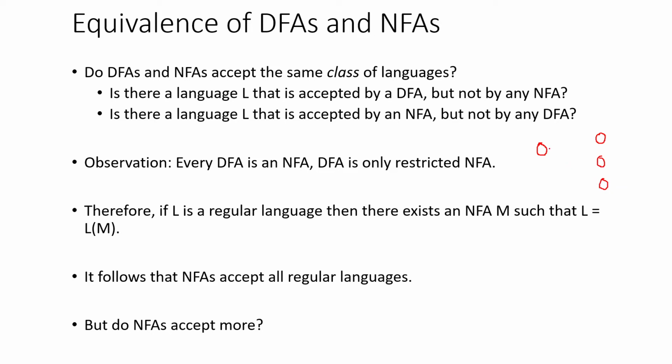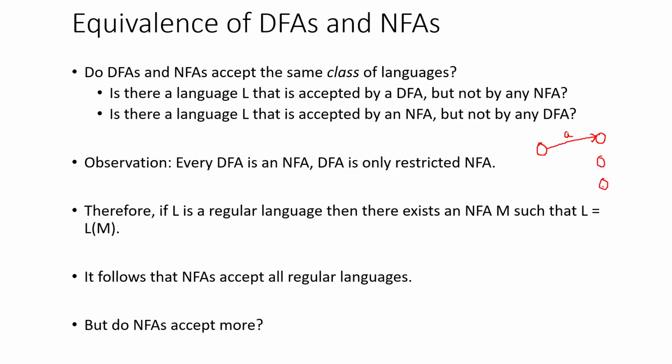The DFA suggests that from this particular state you can go to this state if your input is some A. For the same input you cannot go to any other state. That is fine. And what does the NFA suggest? The NFA suggests that from this particular state, for the same input A, you can go to this state, or maybe to this state, or maybe to this state. So you have some options.